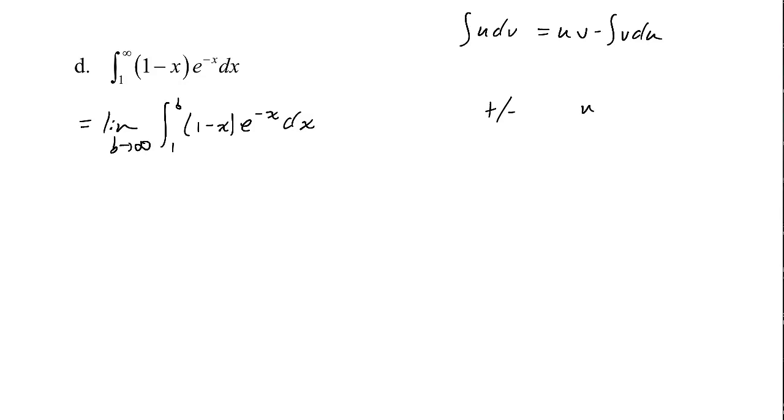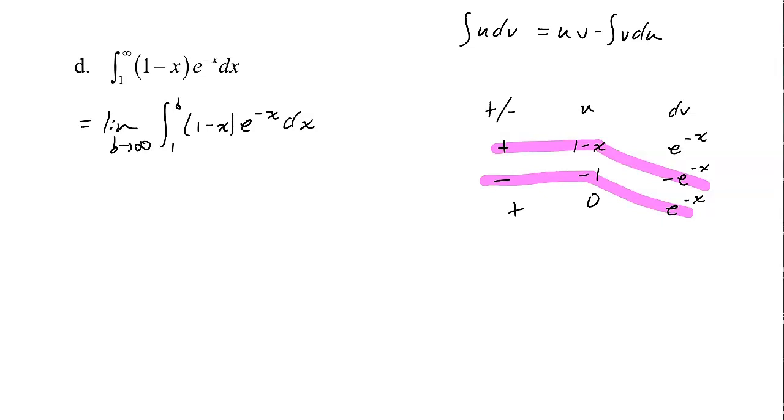But our tabular method allows us to skip over that stuff. This is an easy one to do with the alternating signs for my uv, right? So 1 minus x is the part that's going to go eventually to 0. I'll need to do the antiderivative of e to the negative x, which is easy enough. And then alternate my signs. And then I will go over and down to come up with my antiderivative. So I have the limit as b approaches infinity of 1 minus x times negative e to the negative x.